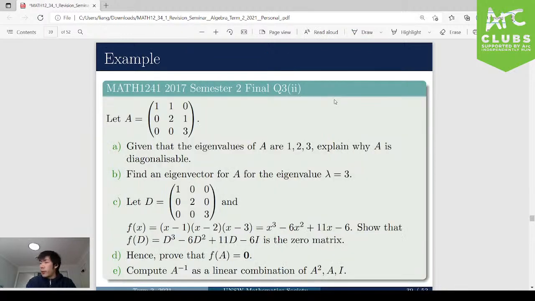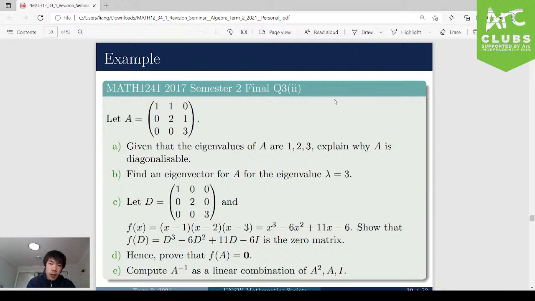So let's have a look at an example of how we can apply this. Firstly, we have a matrix A, okay? Given the eigenvalues of A are 1, 2, and 3, explain why A is diagonalizable. I'll quickly explain this on this slide.